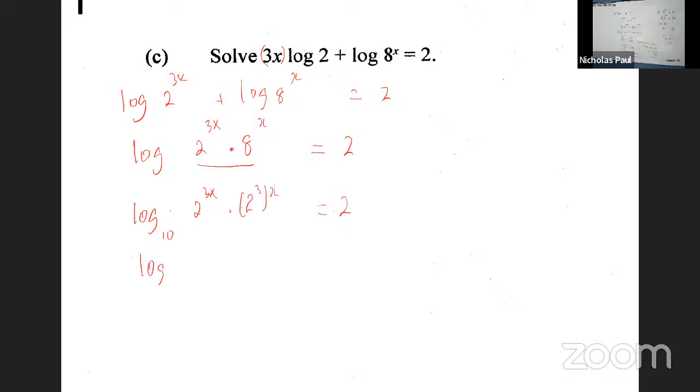So this is log to the base 10 of 2 to the 3x plus 3x. Same base, so we add the powers. Now we can convert to exponential form. You'll get 10 to the power 2 is equal to 2 to the 6x.